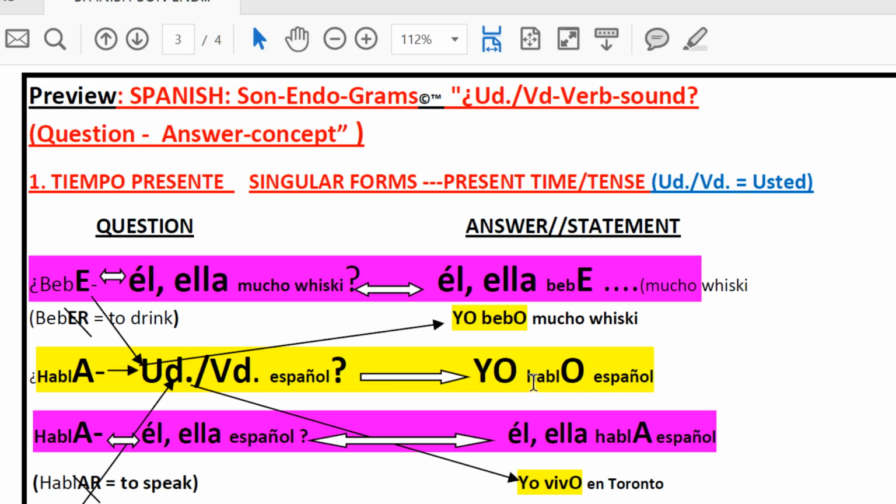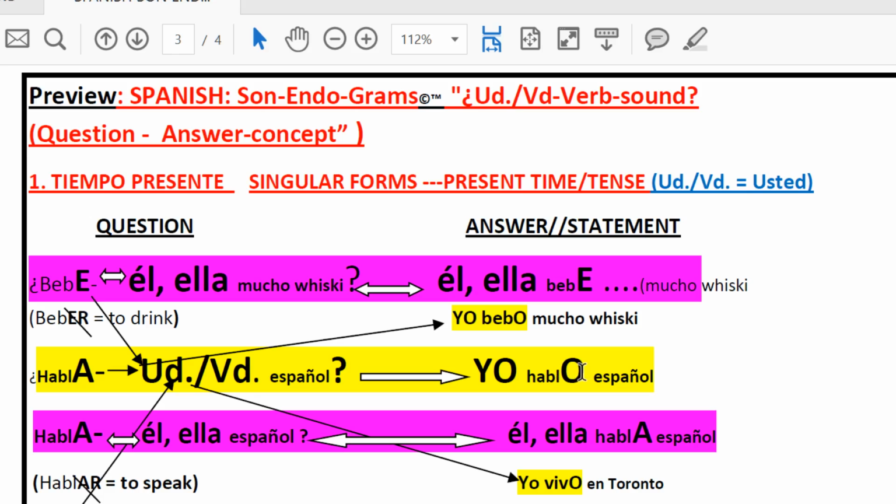And negatively, the person would reply, no, yo no hablo español. Now, many times, the yo is dropped because the end song is so marked.